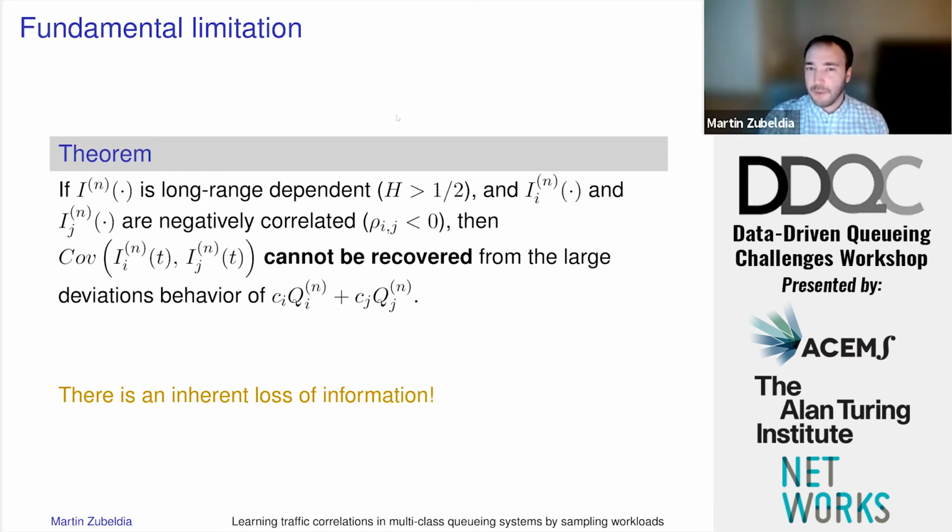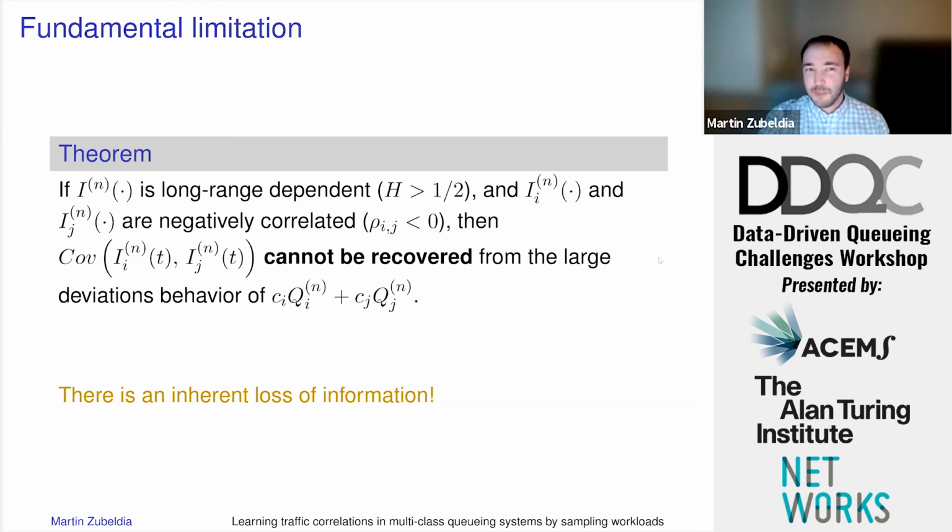It's more likely to have many arrivals tomorrow. And if the input processes are actually negatively correlated across two queues, so you have rho ij less than 0, I'm sorry, then the covariance of the input process cannot be directly recovered from the large deviation behavior of a linear combination of queues.